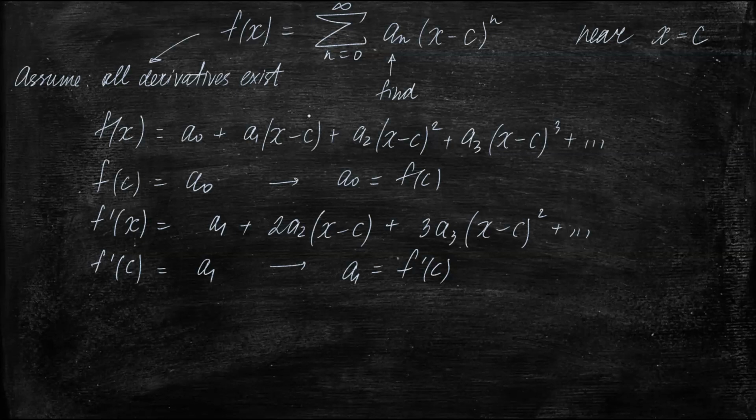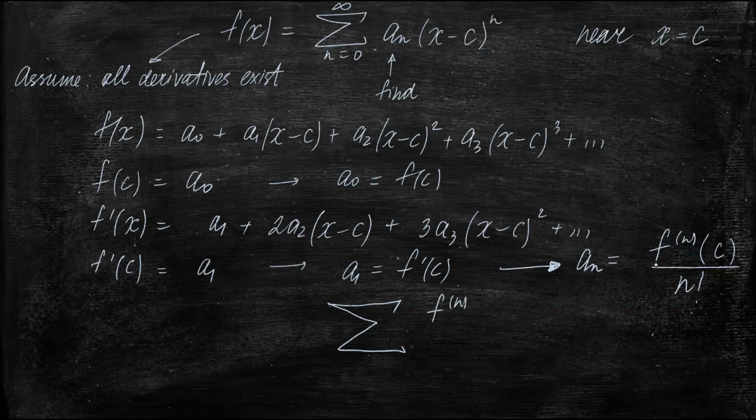So it's not going to be too hard to notice that the formula for the nth coefficient would be the nth derivative of the function evaluated at c divided by n factorial. And once we notice this pattern, we'll be able to construct the power series using these coefficients.